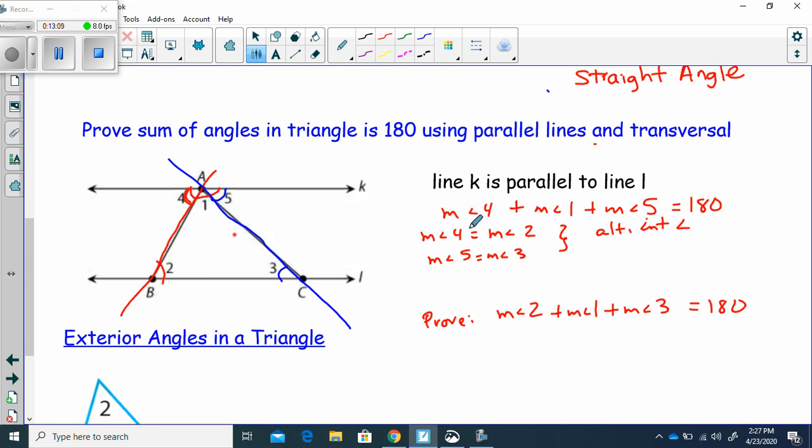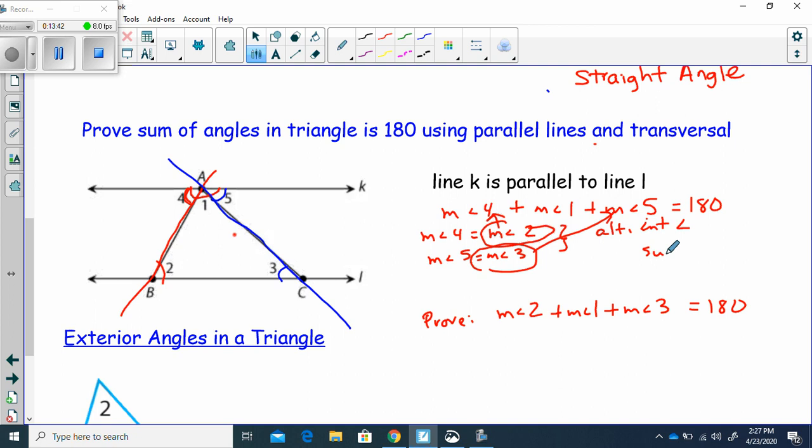Well, if that's the case, can't I substitute in place of this angle 4, the measure of angle 2? And in place of this angle 5, can't I substitute in the measure of angle 3? If I do that, now I've got exactly what I needed. The measure of angle 2 plus the measure of angle 1 plus the measure of angle 3 equals 180.